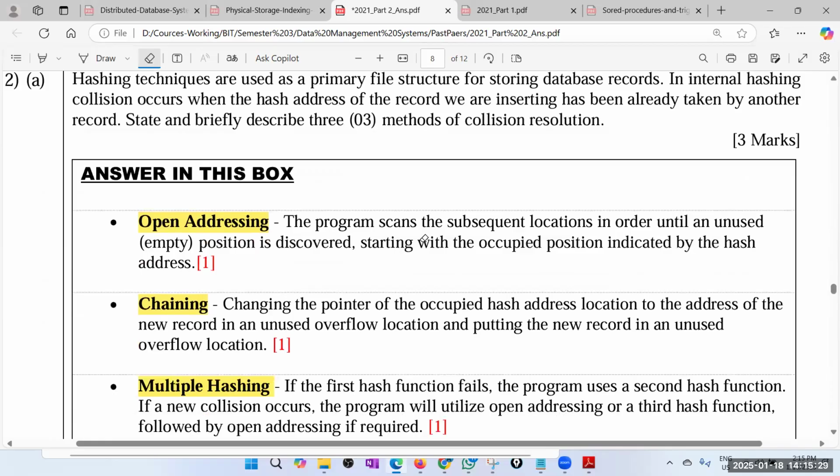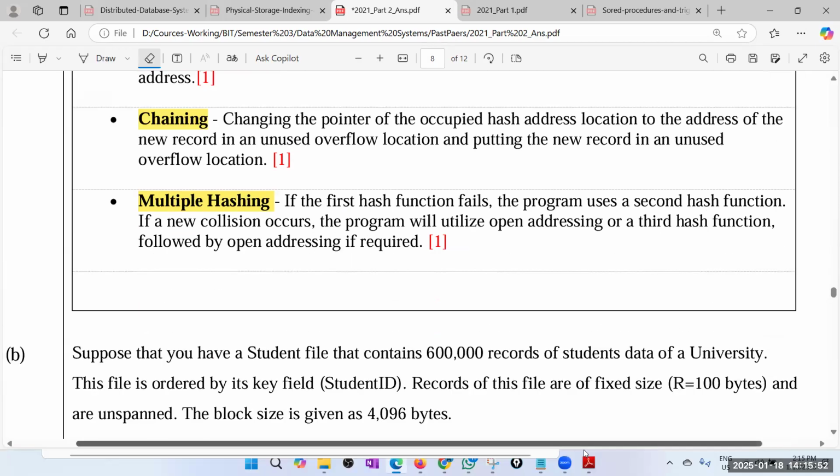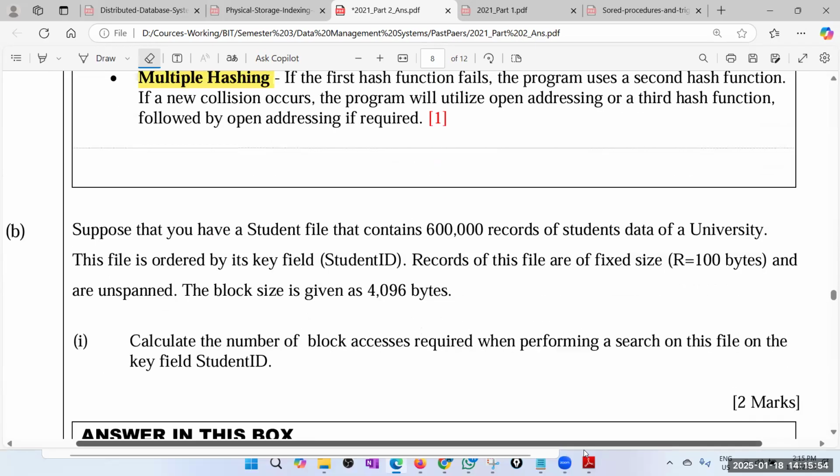Open addressing: the program scans the subsequent locations in order to find an available slot. Chaining: you create a linked list starting from each and every location depending on the requirement. Multiple hashing means when the first hashing results in a duplicate element, you generate another hash and use it. Okay.